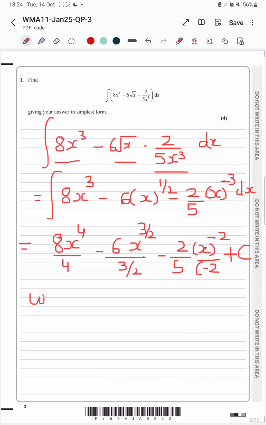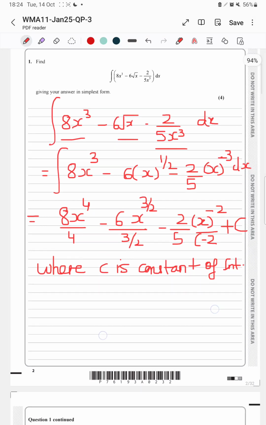And you have to write that c is a constant of integration. This is a must to write. You have to write it completely. In your exam, it should be clearly readable.